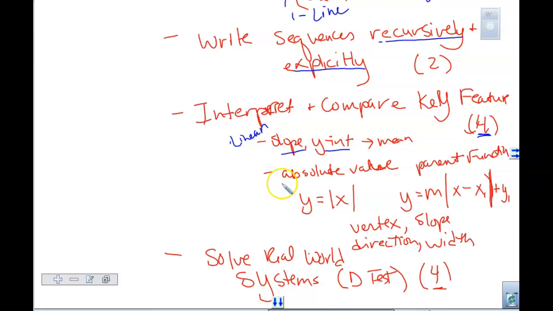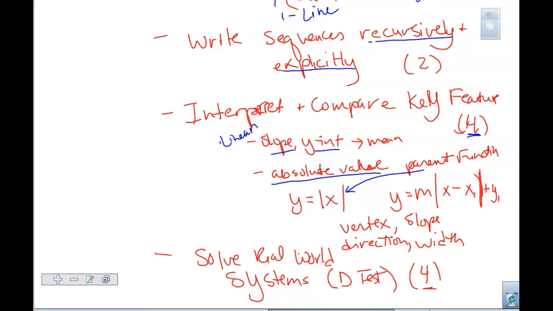Absolute value, we kind of talked about in our notes, what is a parent function? And then I'm going to give you probably an absolute value function that kind of looks like point slope form, right? So if it's in point slope form, what are the key features that I'm going to ask you about this one? Well, I'm going to ask you, where's the vertex?